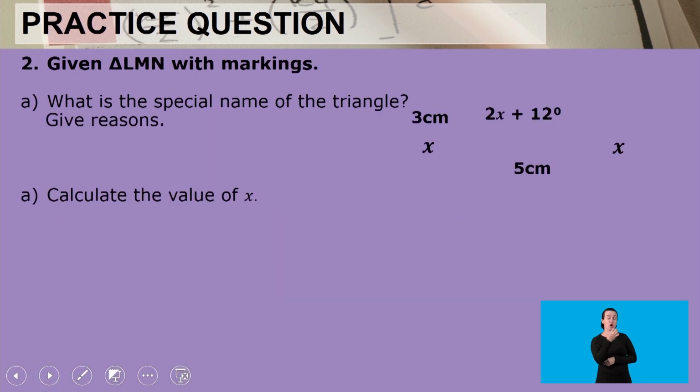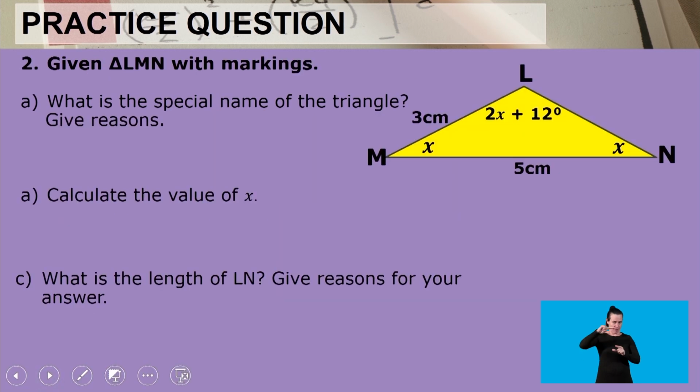Okay, let's look at another one. Given triangle LMN with markings, there it is. What is the special name of this triangle? A triangle that has angle M and angle N with the same marking, they are equal. What triangle is that?